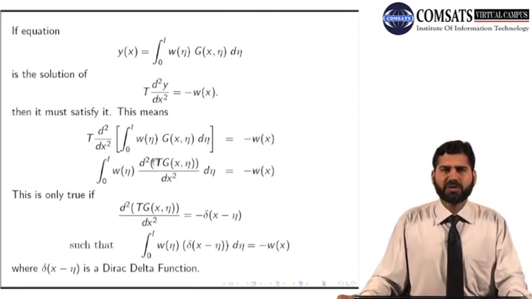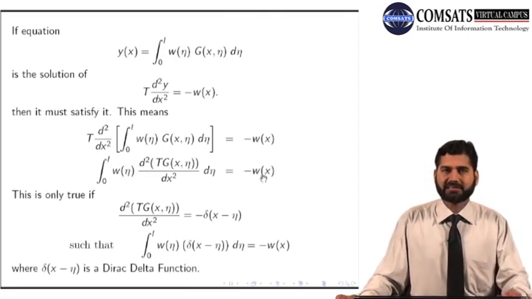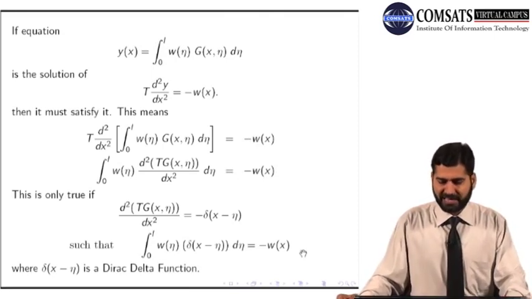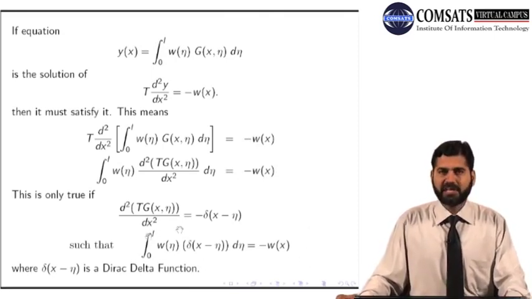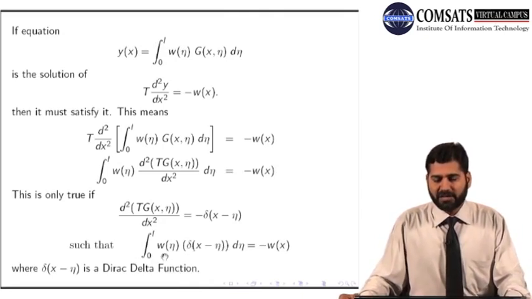The reason is, if you recall the properties of the delta function, we said if we multiply w eta with the delta function, it picks up the value of w at x, at eta equal to x. So it means that we should have something like this. This is our property of the delta function. If I multiply w eta by delta x minus eta, it will pick the value of w at this value x.